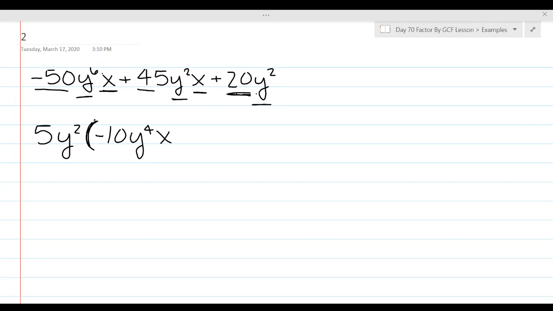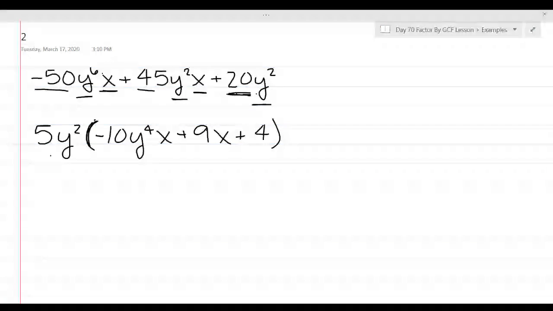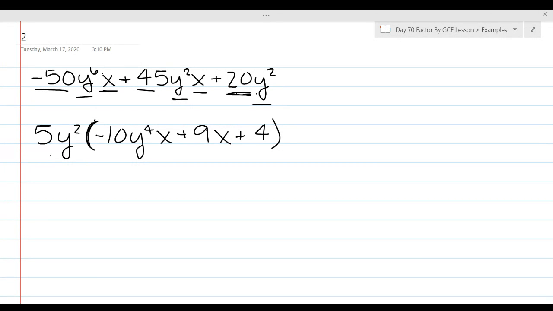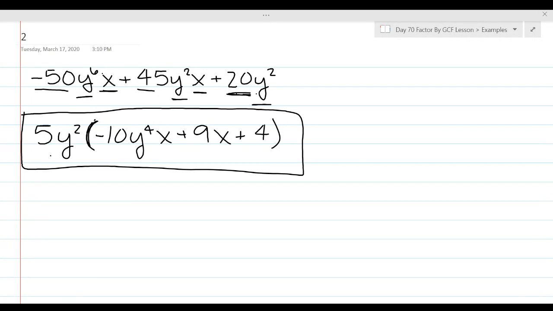And then we're going to have 9x, because the y squareds are going to cancel, plus 4. Just divide each term by 5y squared. And again, if you want to check your answer, you can distribute it, but that is going to be our final answer.